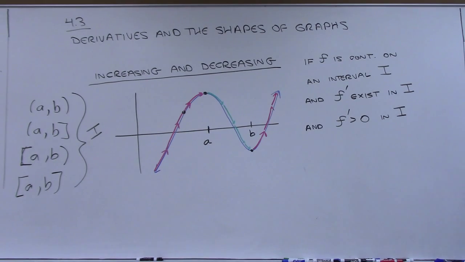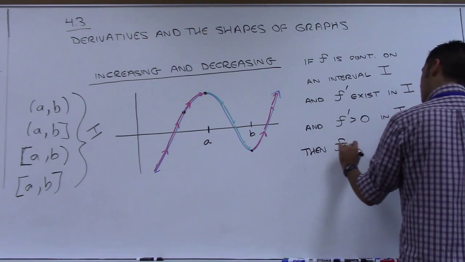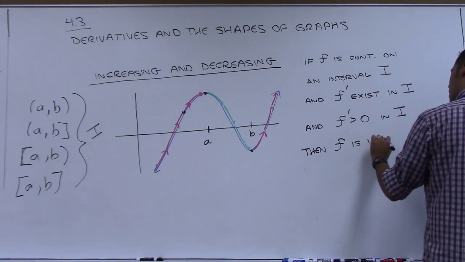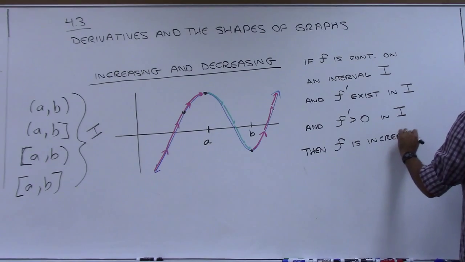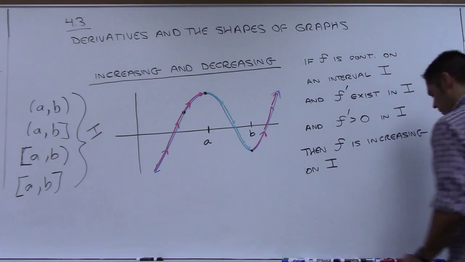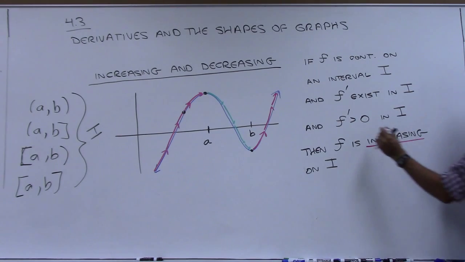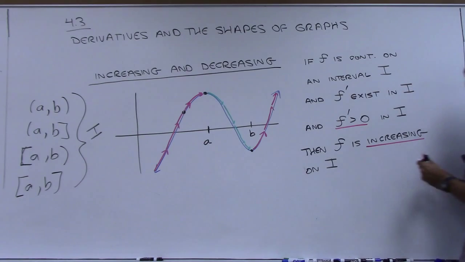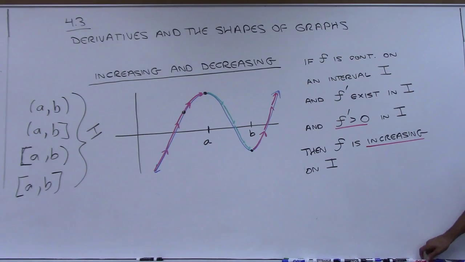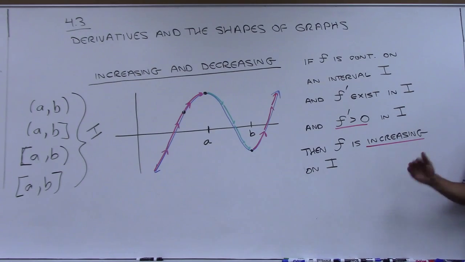Then f is increasing on I. So that's our connection between the first derivative and the function. If your first derivative is positive on some interval, you know that your function is going up on that interval. Make sense?